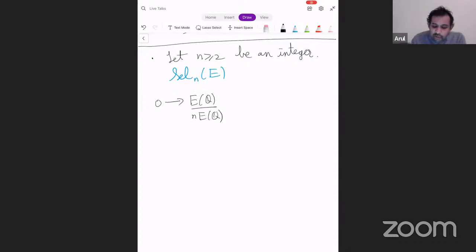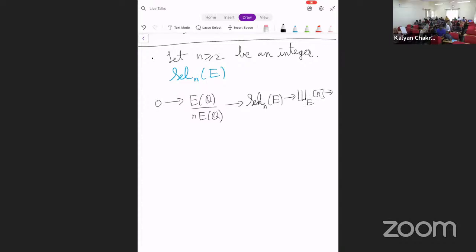Remember, E of Q is finitely generated, and so E of Q mod n E of Q is a finite group. And this injects into the n-Selmer group. And the cokernel is simply the n-torsion in the Tate-Shafarevich group of E. So this is the n-Selmer group. This is the Tate-Shafarevich group.